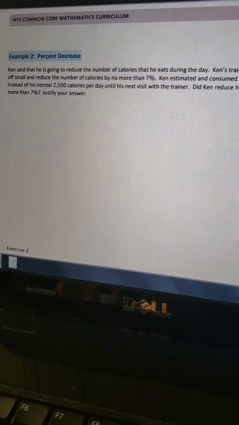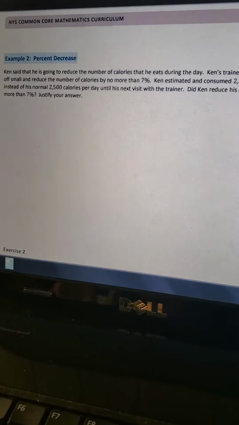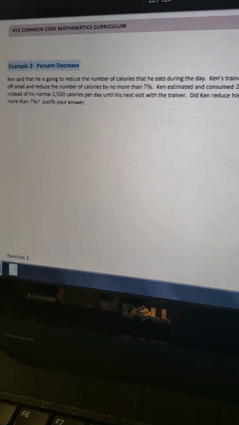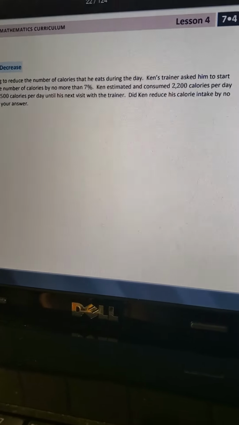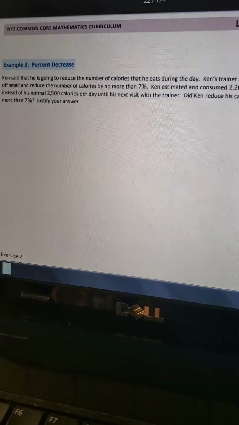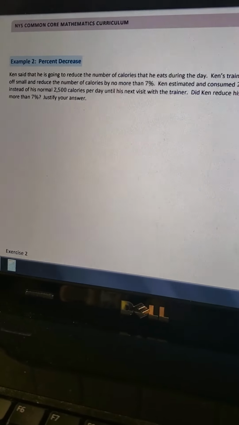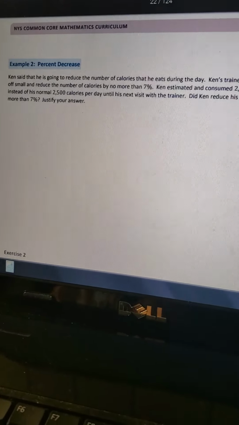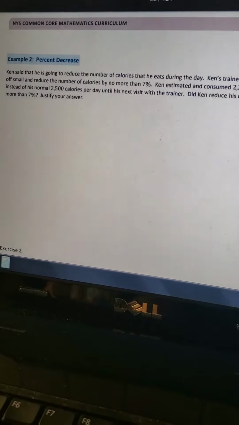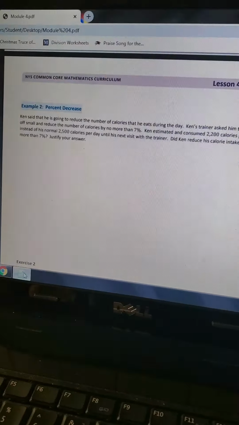Or if you wanted to, you simply could figure out what 7% of 2,500 would be, what amount that is, and then figure out with his 2,200 calories how much of a decrease he had. So we'll do this two different ways so you can see either one would work out just fine. Let's start with, you could do your substitutions and then write your formula out and then continue the video and we'll talk about both.